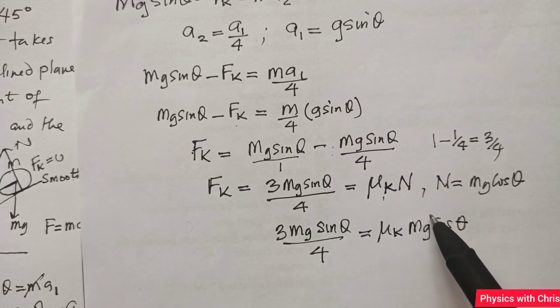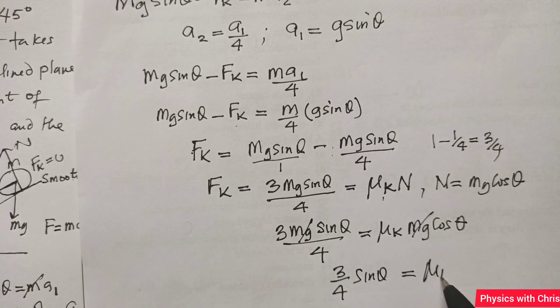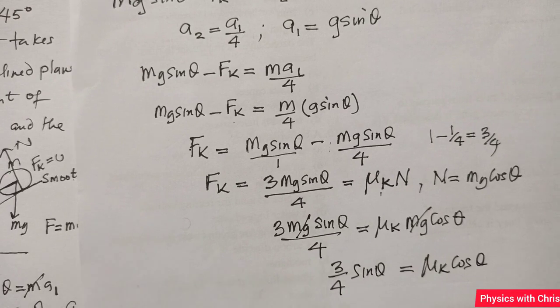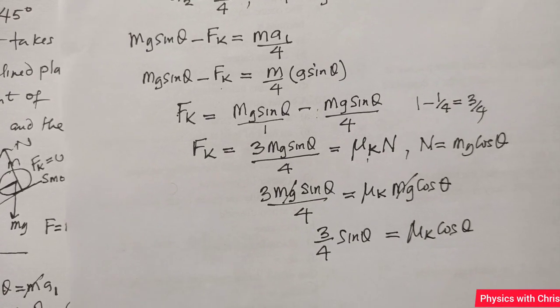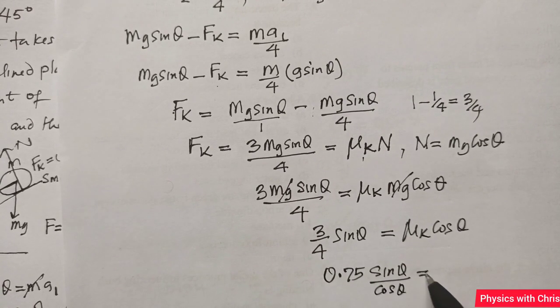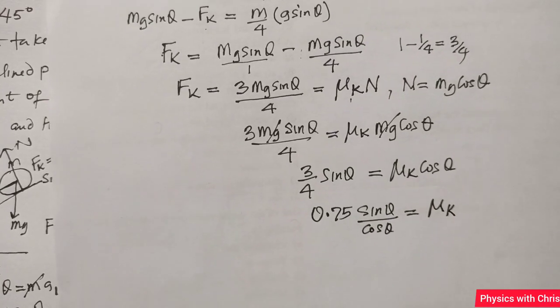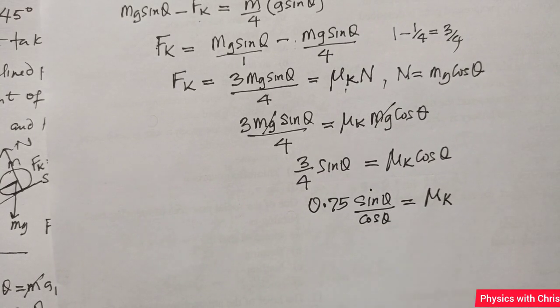So my mg cancels out mg. I have 3 over 4 sine theta is equal to mu k cos theta. Dividing both sides by cos theta, I have 0.75, because that is my 3 over 4, sine theta over cos theta equals mu k. The ratio of sine of an angle to the cosine of the same angle is always tan theta.